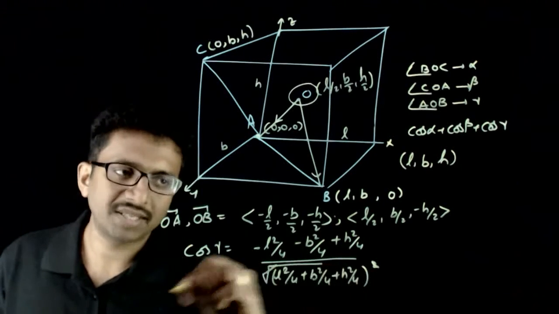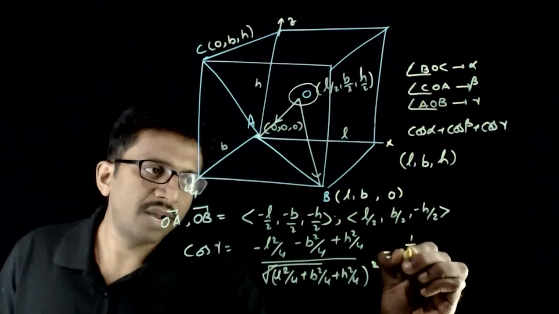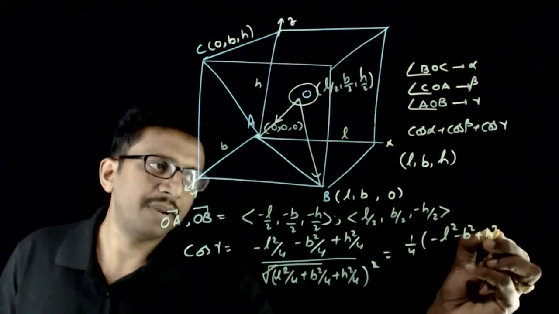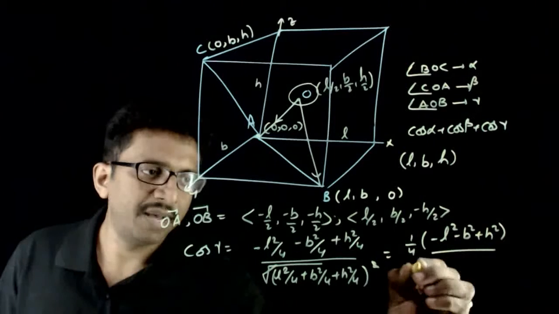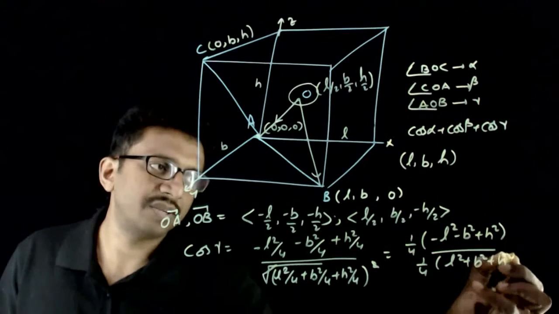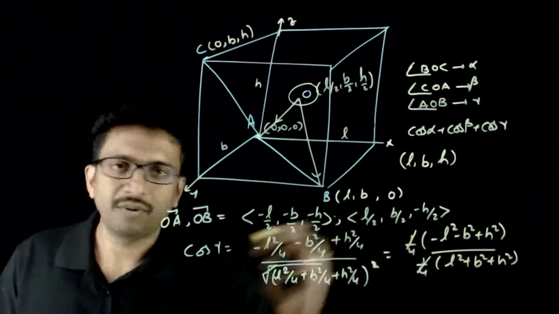So this 2 gets cancelled, that is 1 by 4 times minus L square minus B square plus H square divided by 1 by 4 times L square plus B square plus H square. So 1 by 4 and 1 by 4 get cancelled.